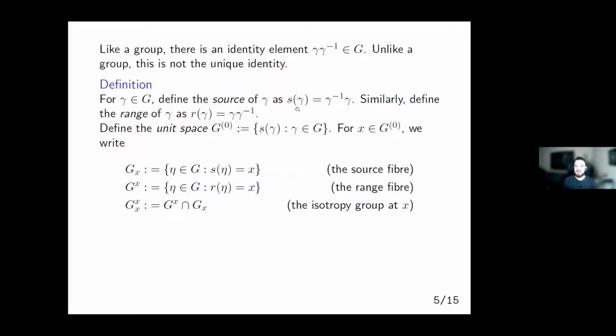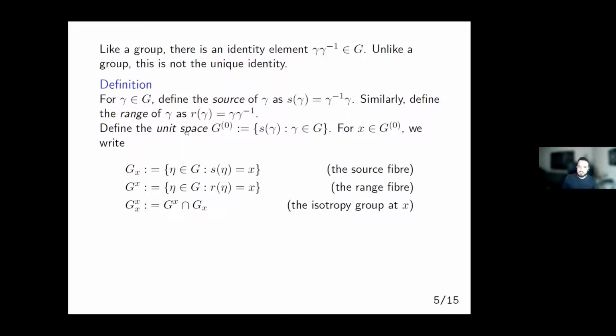And the reason we call this the source and range is if you picture that gamma is some kind of invertible map, if it's a bijection between two sets, the source of gamma gives you the identity on the domain of the bijection, and then the range of gamma gives you the identity on the codomain. So you can think of the source and range in that way.